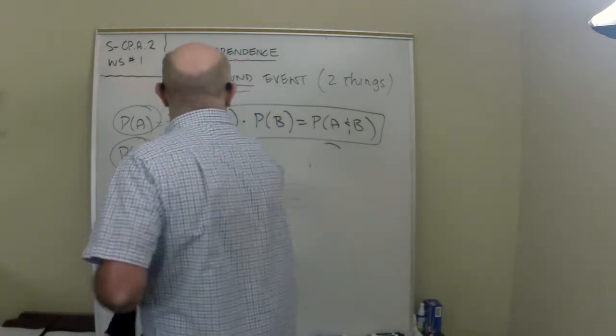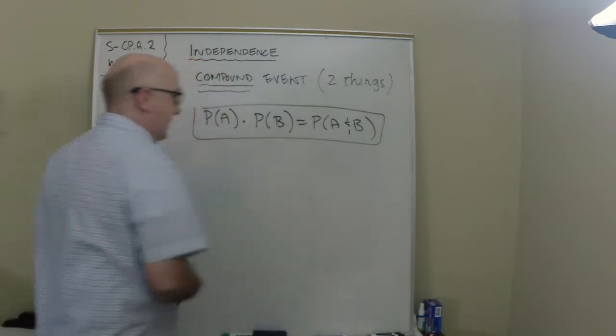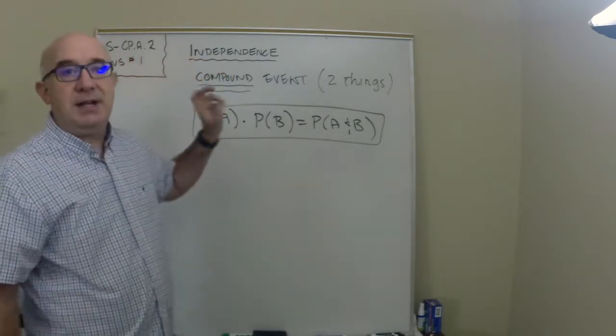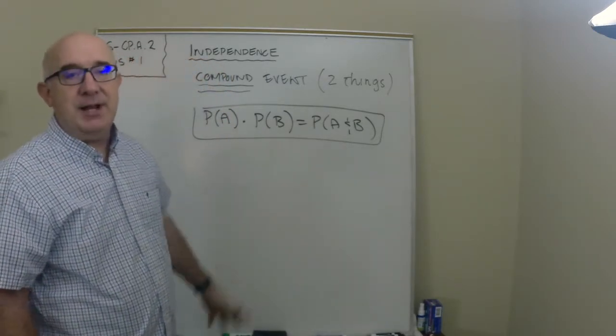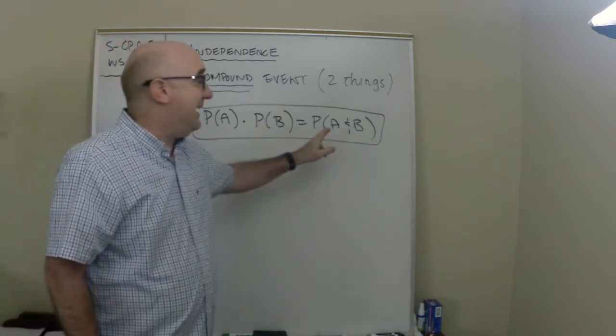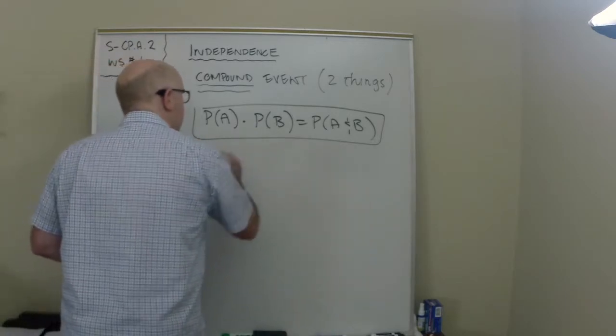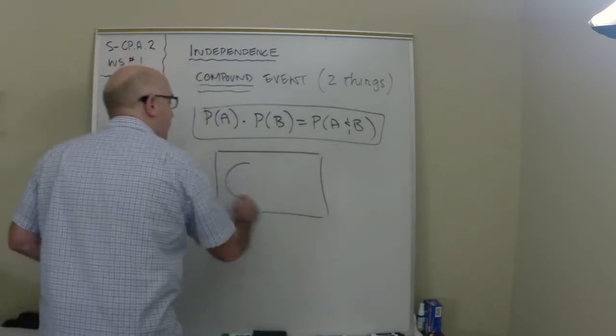So the key for independence is, if you can take the original probability of A and multiply it by the original probability of B, and it gives you that intersection, then they are independent.